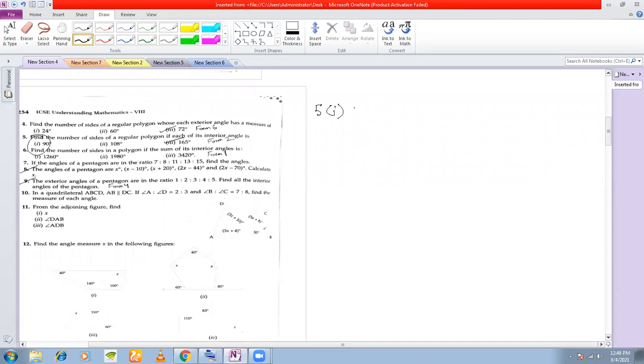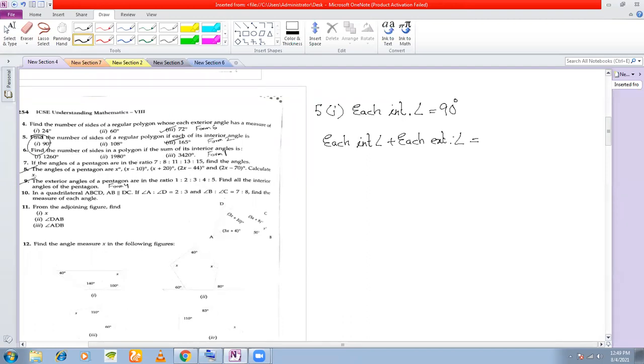Okay, so each interior angle is given to be 90 degrees, right? So if each interior angle is 90 degrees, what will be each exterior angle? You know that each interior angle plus each exterior angle is equal to how much?